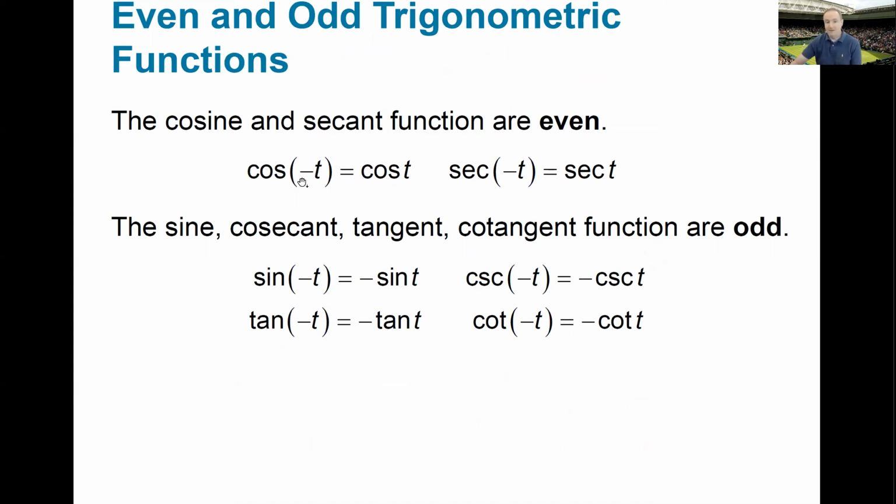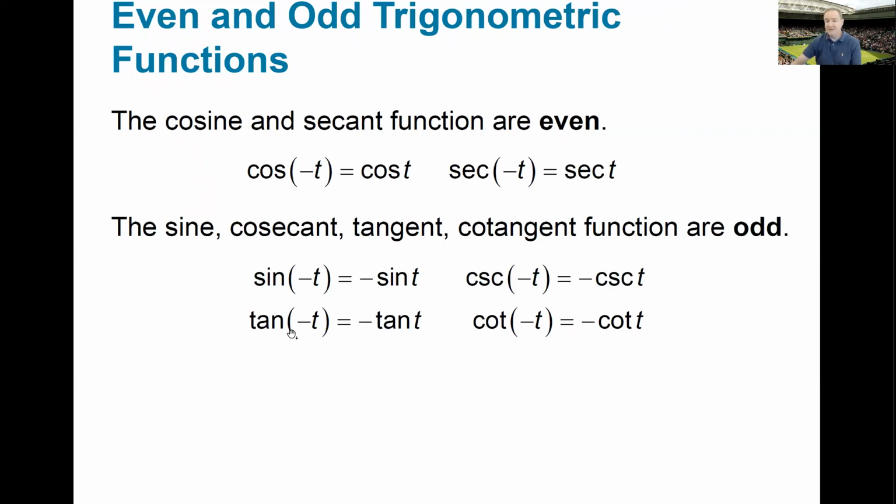The cosine is an even function because you can change the sign on the angle and it's the exact same thing. Now, since the secant's the reciprocal of the cosine, it's the same thing with it. If cosine's an even function, then its reciprocal is an even function. The sine function is an odd function, so its reciprocal is also odd.